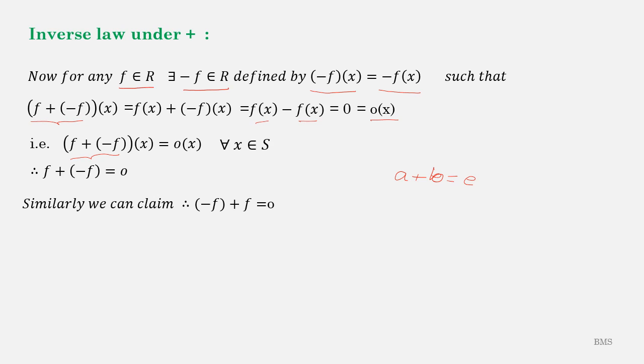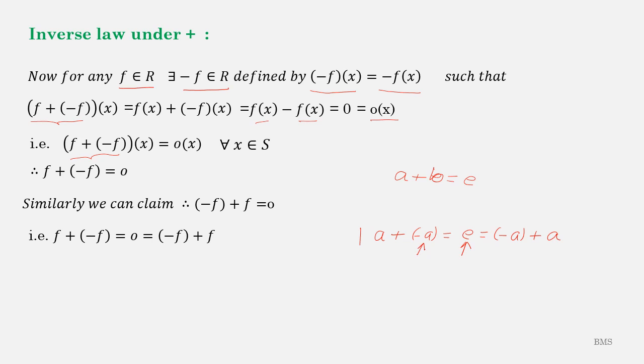Now what do you conclude? Similarly, we can claim -f + f is equal to O. So from this, you can write like this: f + (-f) is equal to O, that is equal to -f + f. It is similar to this: A + (-A) is equal to E, that is equal to -A + A. Here E is the identity element.